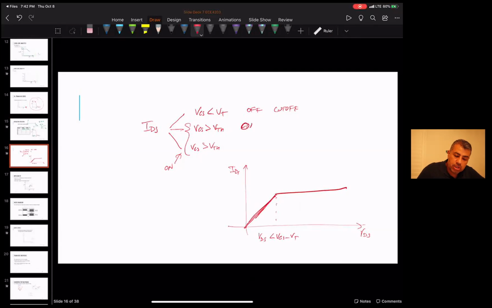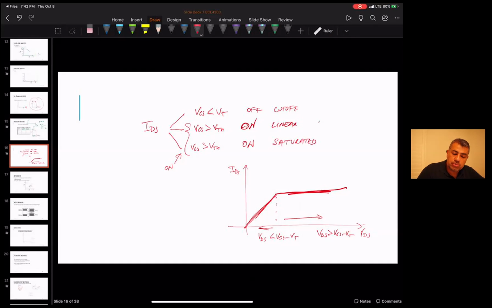And when VDS is relatively high, larger than VGS minus VT, it's acting kind of like a current source. So it's still on, but it's in the so-called saturated mode.